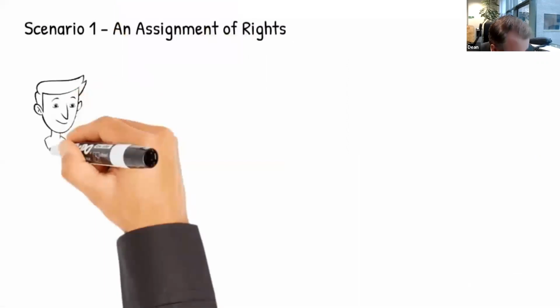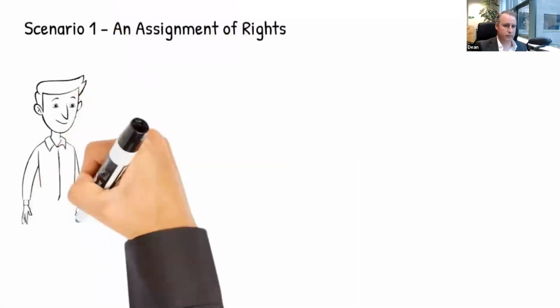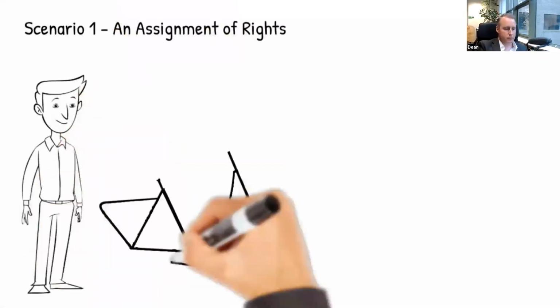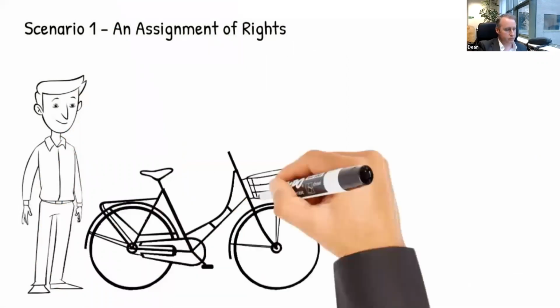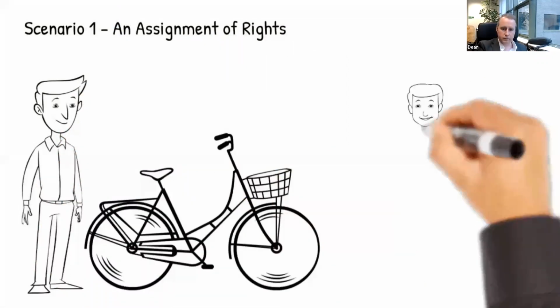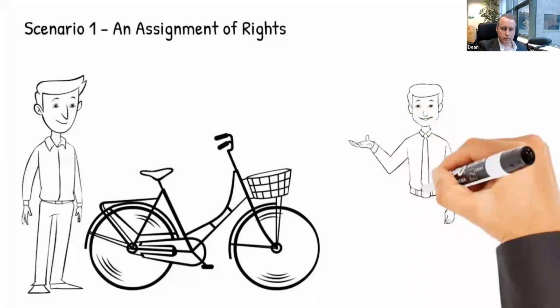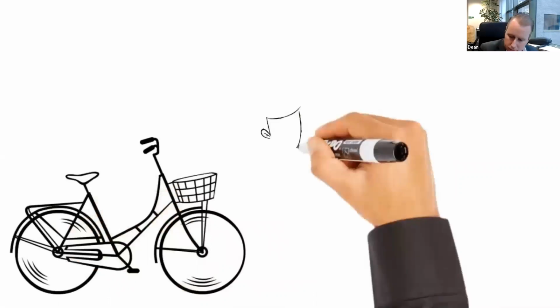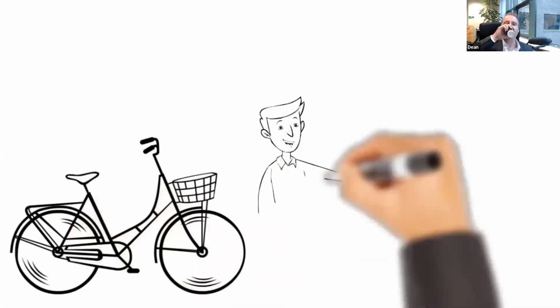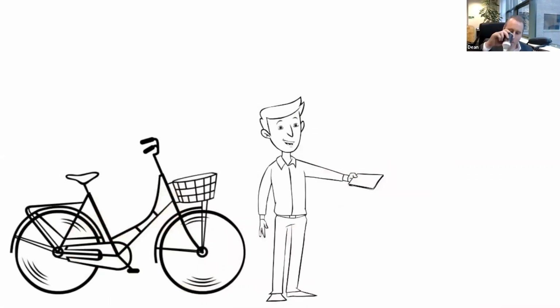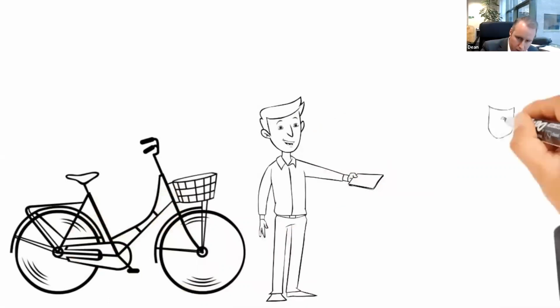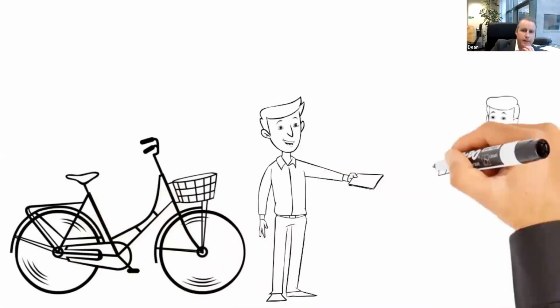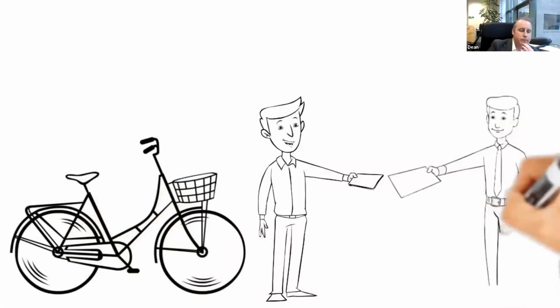John owns a beautiful bike. John has a proprietary interest in this bike as the property owner. Paul wished that he had such a beautiful bike and would like to own such a beautiful bike. Luckily for Paul, John had decided that cycling is not for him and he needs to get rid of his expensive bike and agrees to sell it to Paul for €2,000.